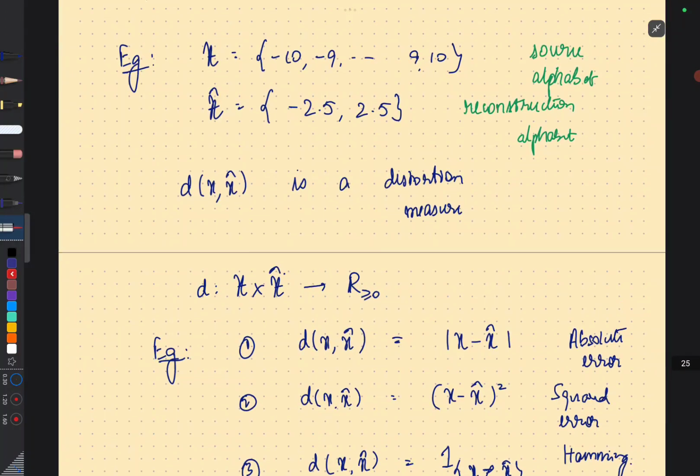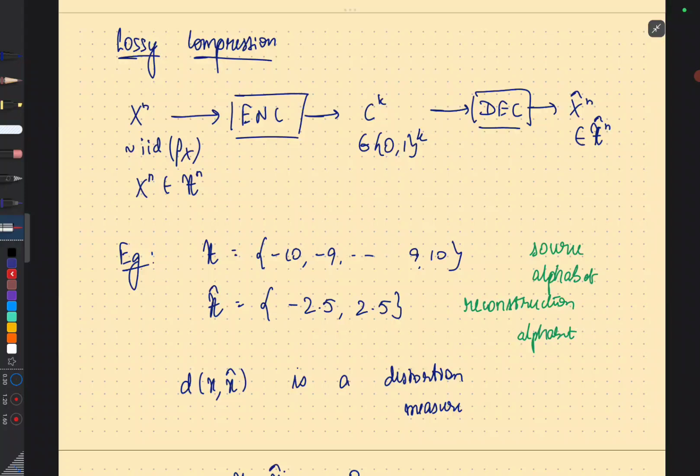So for a given distortion measure, our goal is to design this lossy compression scheme which ensures that the length of the compressed sequence is as small as possible.